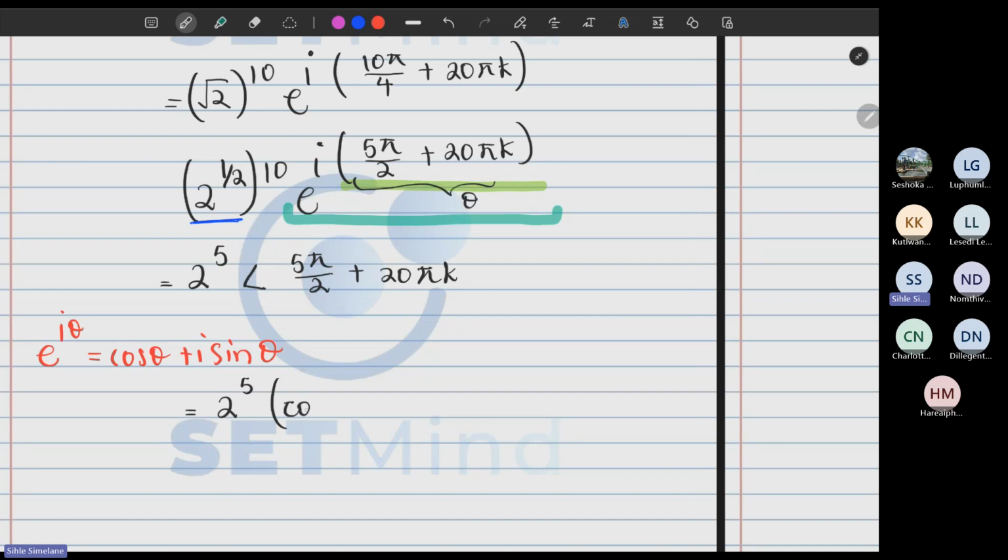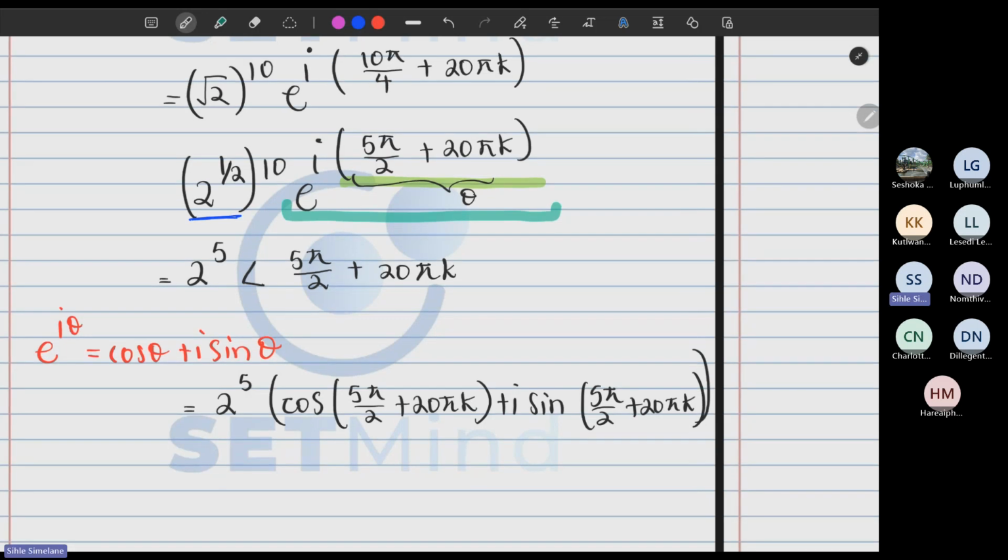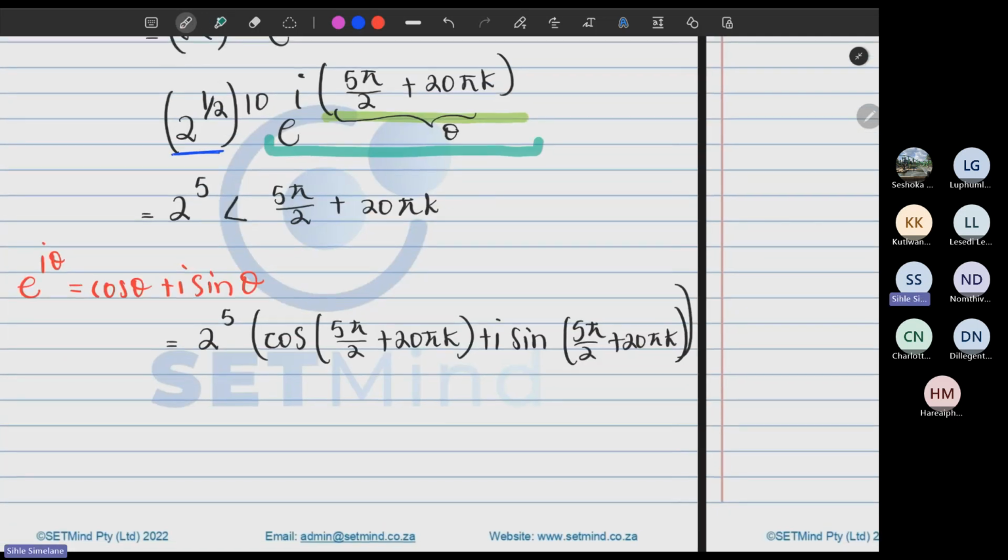So which means we should have cos of our 5 pi over 2 plus 20 pi k, and then plus i sine of 5 pi over 2 plus 20 pi k. And if you remember, sine and cos are periodic with period 2 pi k.